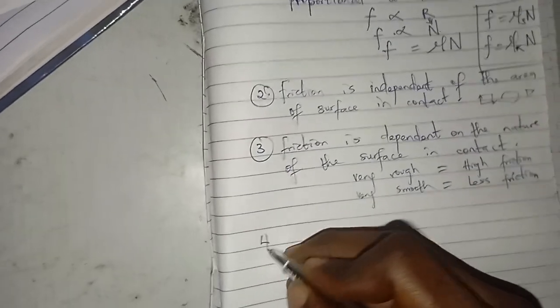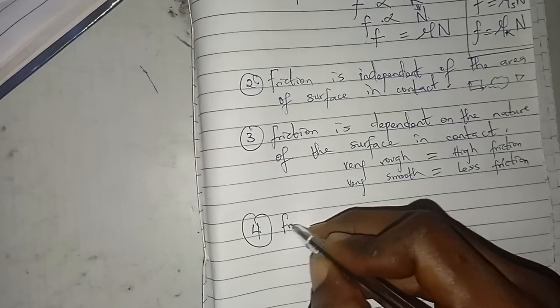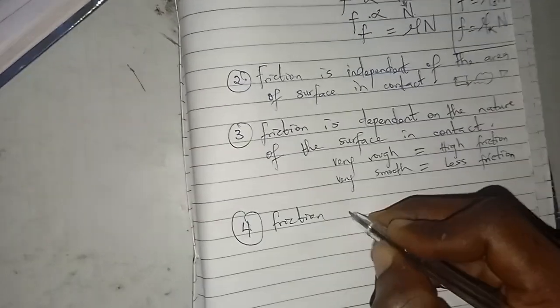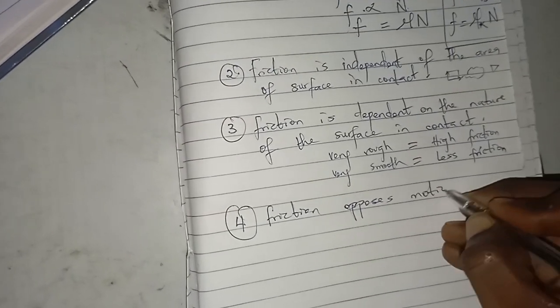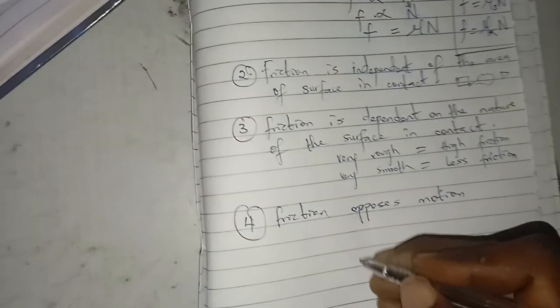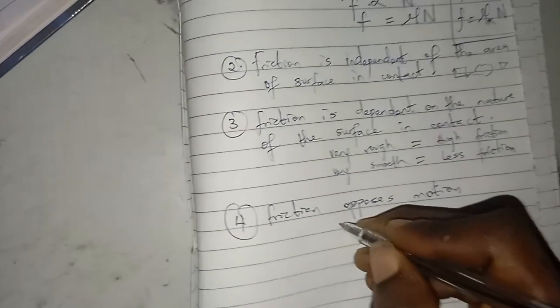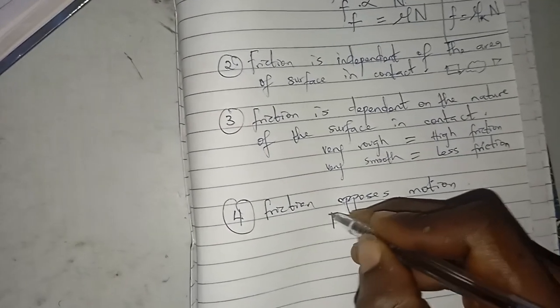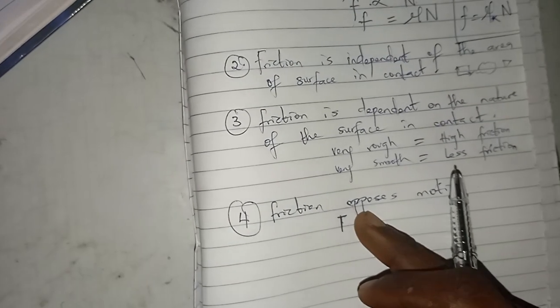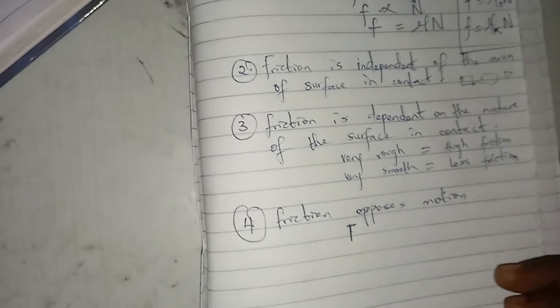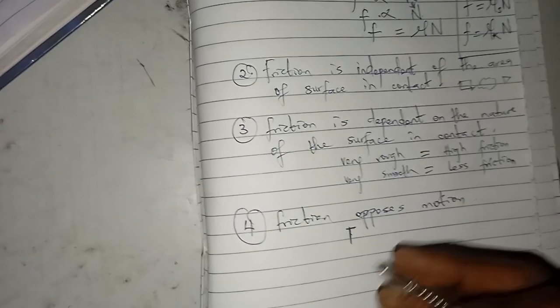Then the fourth law is that friction opposes motion. What causes motion most times is force. So for that reason, this is where we get the general formula we use for horizontal motion, or you say friction obeys the law of action and reaction.